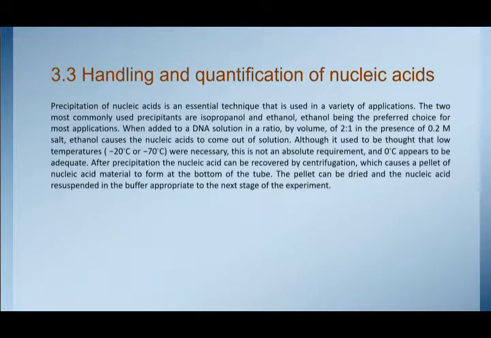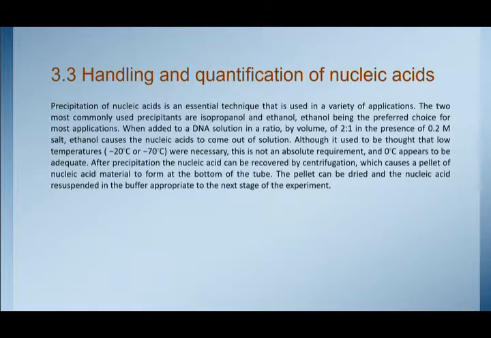Precipitation of nucleic acid is an essential technique that is used in a variety of applications. The two most commonly used precipitants are isopropanol and ethanol, ethanol being the preferred choice for most applications.